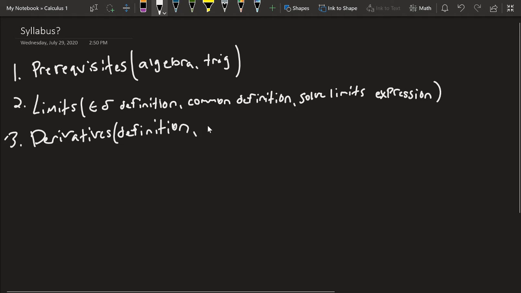Likewise, with derivatives, we'll learn about some very rudimentary ways of evaluating derivatives. We'll talk about tangent lines, everyone's favorite tangent lines.